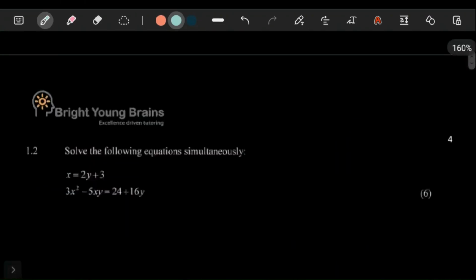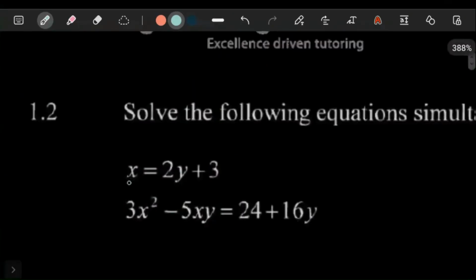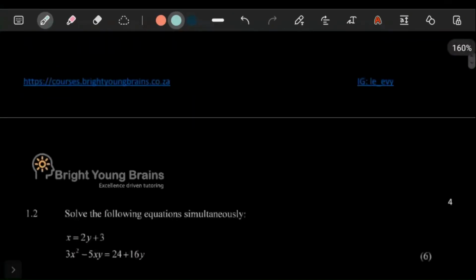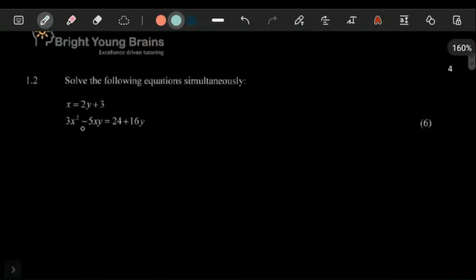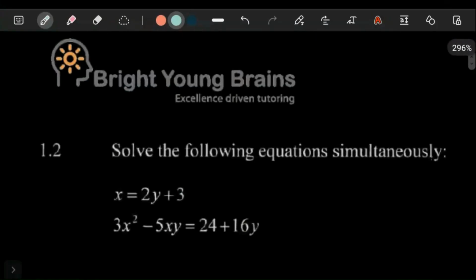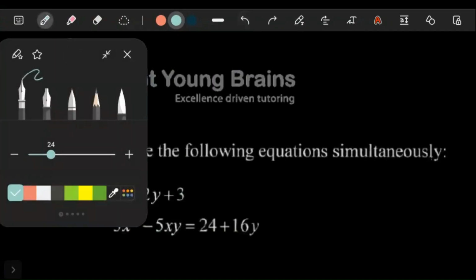1.2 says, solve the following equations simultaneously. So yeah, this one is quite straightforward. This already has x isolated, so we might as well just drop this here. This is what x is, right?